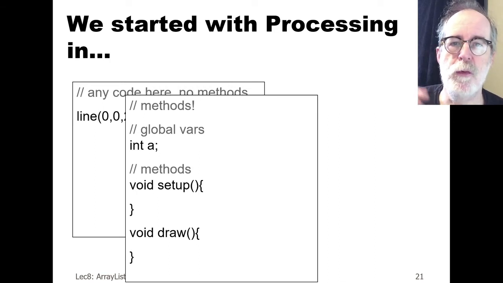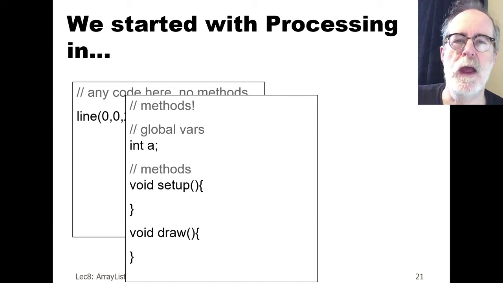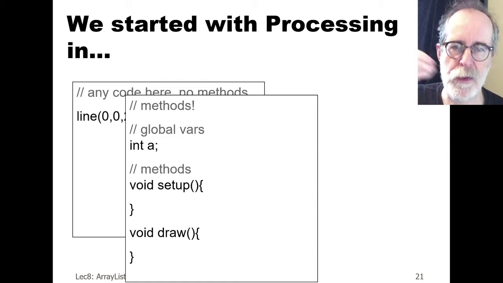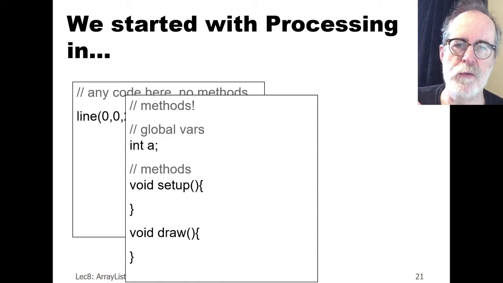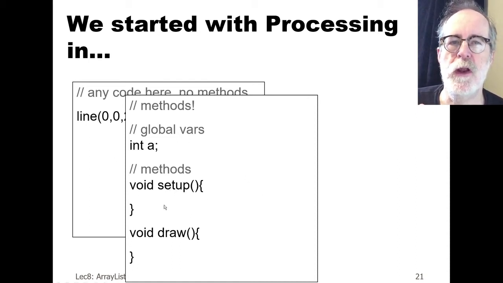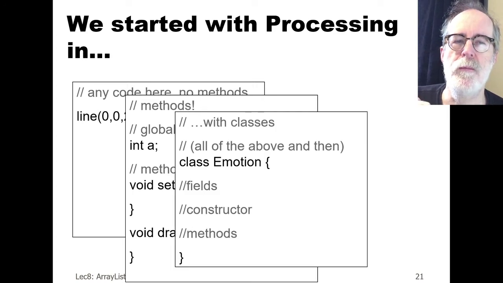What you have to do is put code that you're intending to run in a method, and generally speaking, that method ought to be called by setup or draw, or something that setup or draw calls. So here we're showing void setup with nothing in it, void draw. You put your drawing code in draw, it gets called 60 times or 30 times per second, and it calls the other methods that you define. And most of us have been using that for quite a while now.